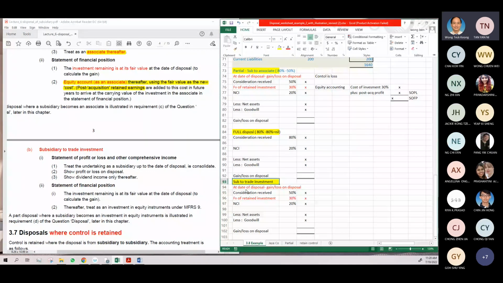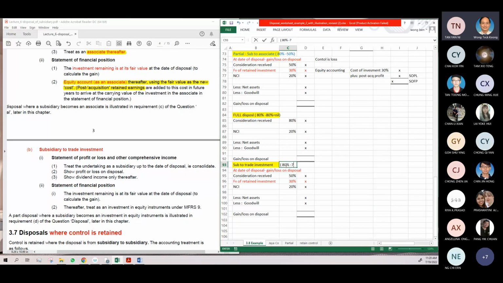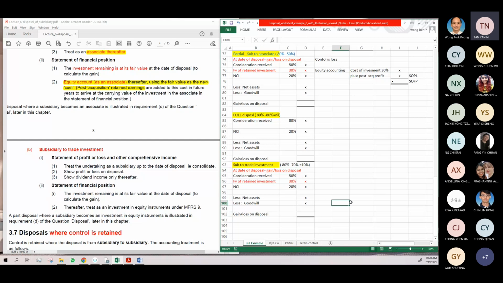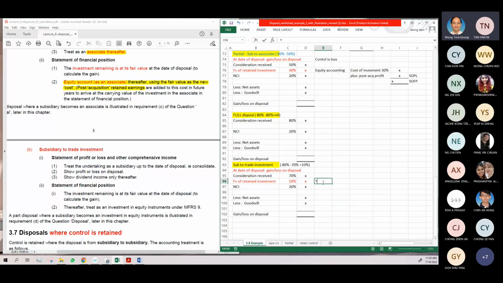So this one, let's say the 80% you have, so you minus 70%, let's say. So you get 10%. So 10% is less than 20%, not even an associate. So remaining 10% here you keep. So this becomes trade investment.